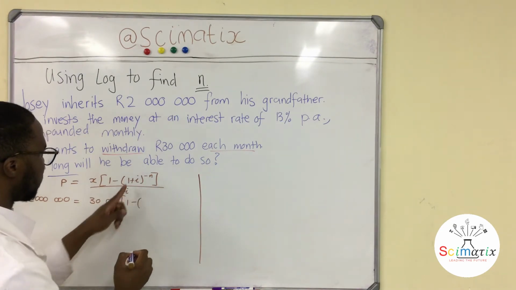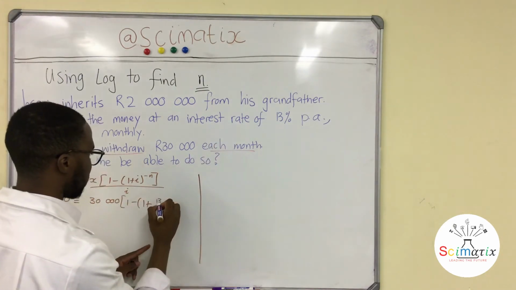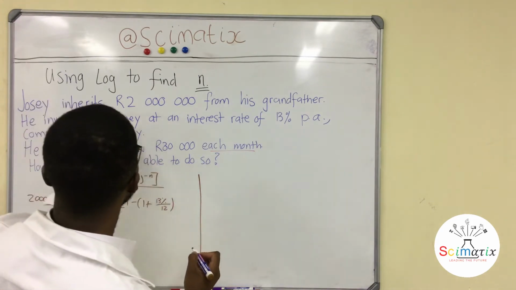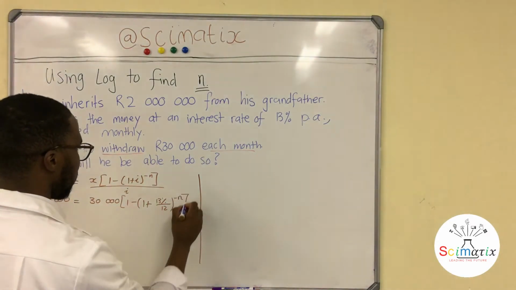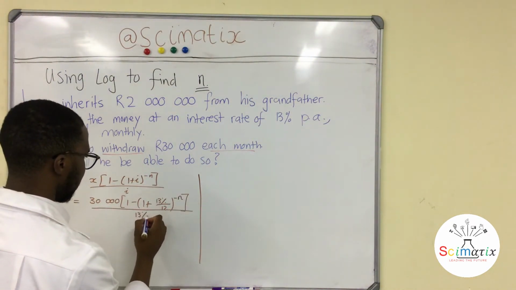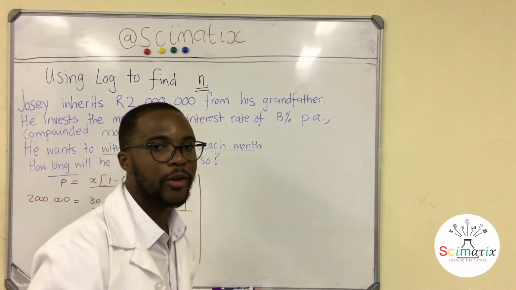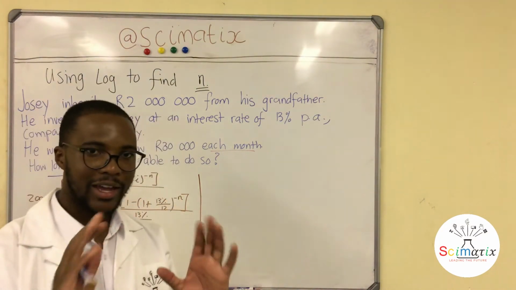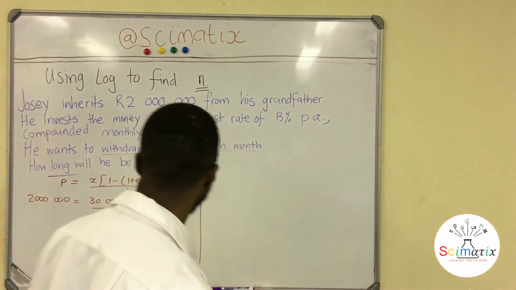Our i is 13% compounded monthly. n is what we're looking for, so we don't have anything there. Close the bracket, and divide everything by 13% over 12. From this point on, all you need to do is apply your algebra until you have n by itself. So let's just fast forward a bit.